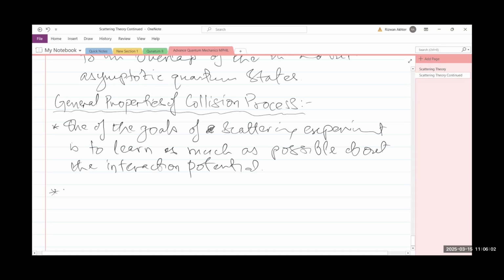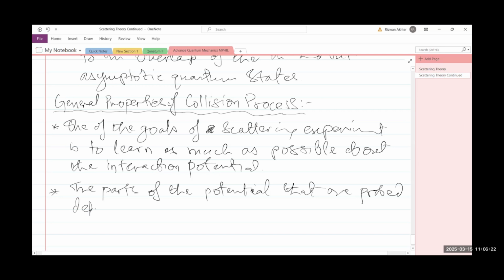So the parts of the potential that are probed depend on the sensitivity of the initial state of the particle.